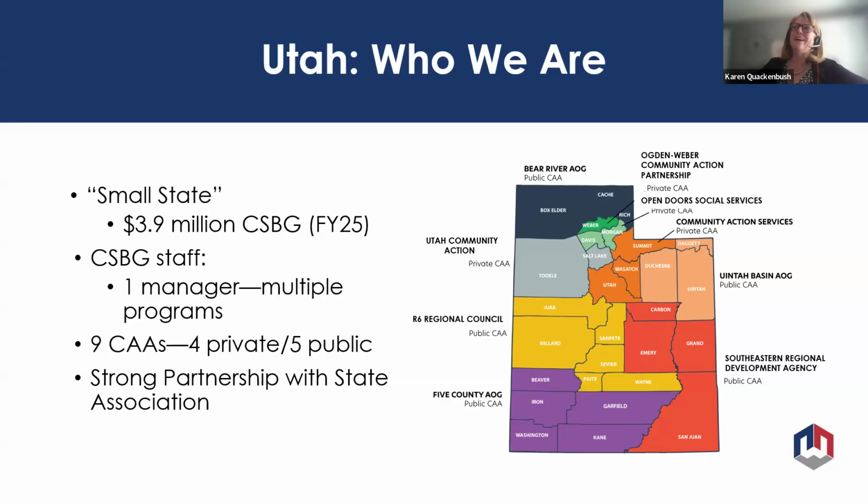In Utah, we've got 9 community action agencies, 4 are private, and 5 are public associations of government, which basically work as an interlocal agency across multiple counties. And in Utah, we also have a strong partnership with the state association.